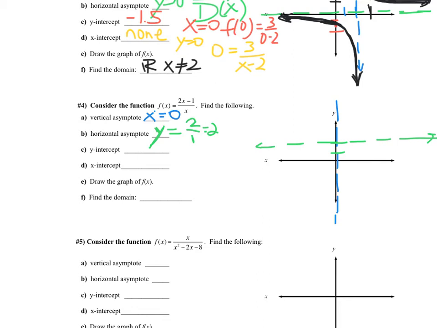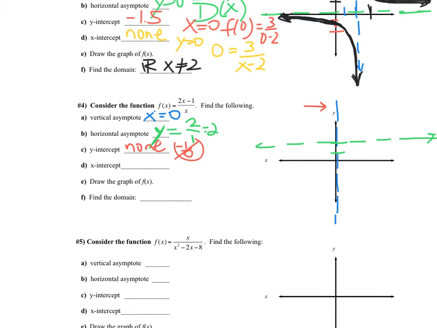The y-intercept is found by letting x equal 0. When you let x equal 0, you get negative 1 over 0. Can't have that. There is none. Now, as you can see, right here there is a vertical asymptote at x equals 0. Your graph can never touch a vertical asymptote, never.